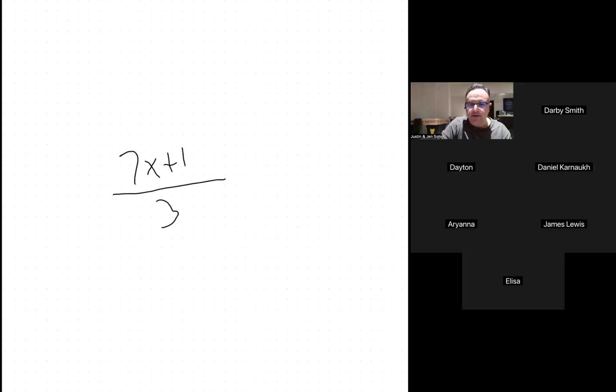I'm going to just do the reciprocal right from the start on the page, and then also use the distributive property.